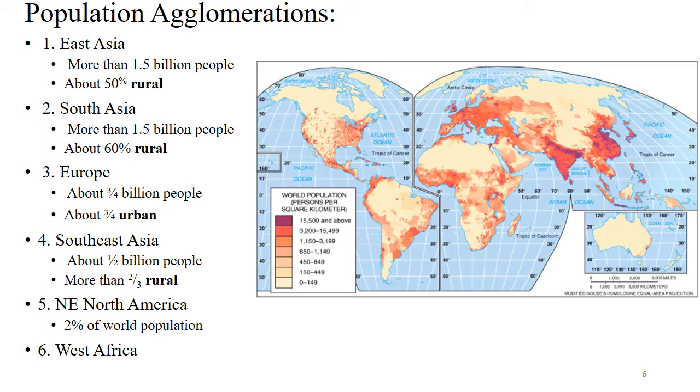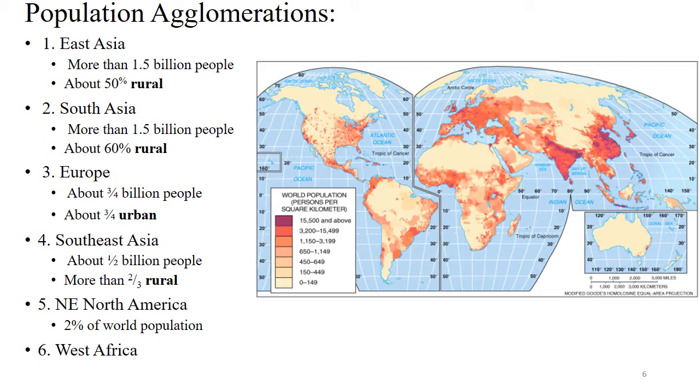Europe, which doesn't quite reach 1 billion people, but has somewhere upwards of 750 to 800 million people living within Europe, mostly in an urban sort of situation. And Southeast Asia, which includes, but is not limited to, the countries of Vietnam, Singapore, Cambodia, Laos, Indonesia, etc.